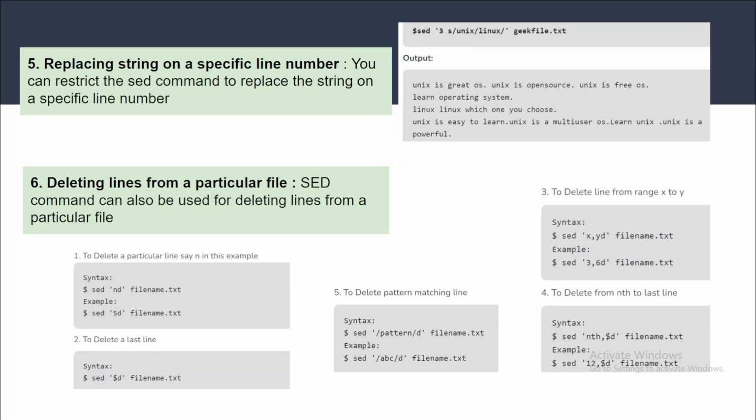So there is one more thing: how can you replace a string on a specific line? For example, as of now our file is small, so you can easily see that there are 4 lines. I want to replace in this particular line. So how can you do that? You need to provide the line number at the start of the command.